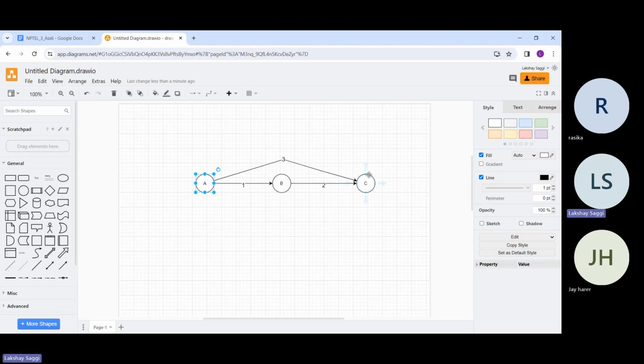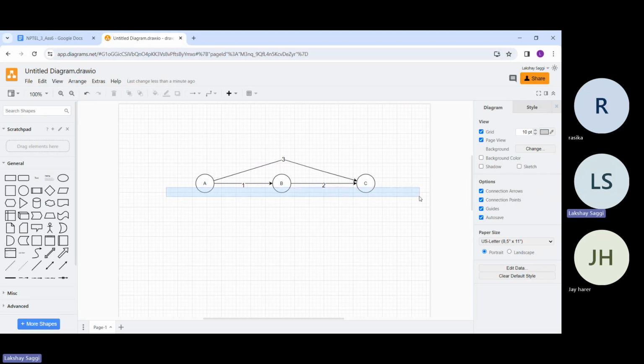So it may be possible that when you run Bellman-Ford, it gives you this path, A to B to C. Maybe Bellman-Ford gives you directly the path from A to C, whereas Dijkstra's gives you the path from A to B and then B to C, or something like this.